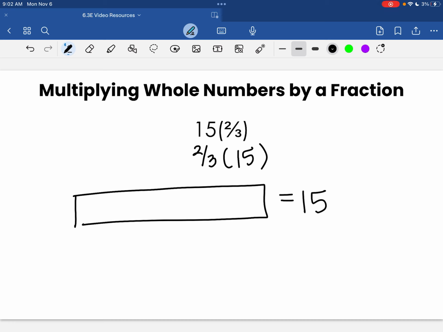But I only want 2/3 of it, so I need to cut it into 3 pieces. And 15 split into those 3 pieces, 5 will go in each. But I only want 2/3 of the group. So I only want 2/3 of that. So I get that 2/3 of 15 is equal to 10.